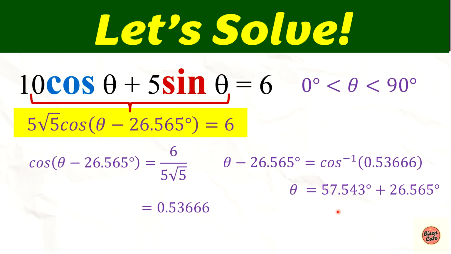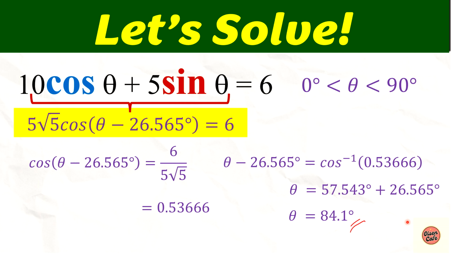We get 57.543, the result of cosine inverse. Then I bring the 26.565 to the right hand side, add and combine these together, and I will get 84.1 degrees. So this will be your final answer for theta, which is 84.1.